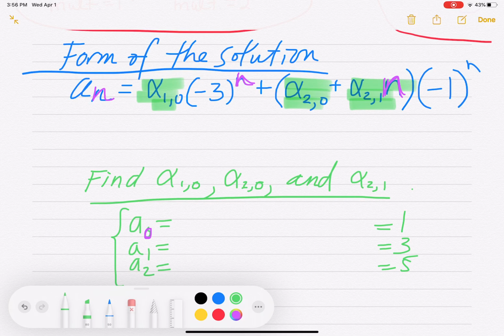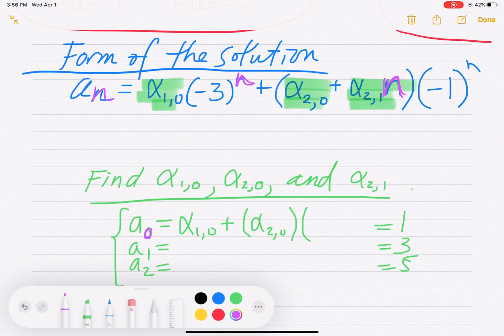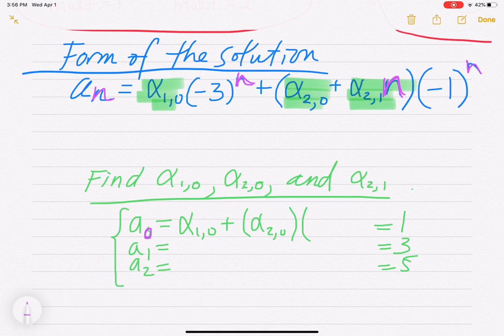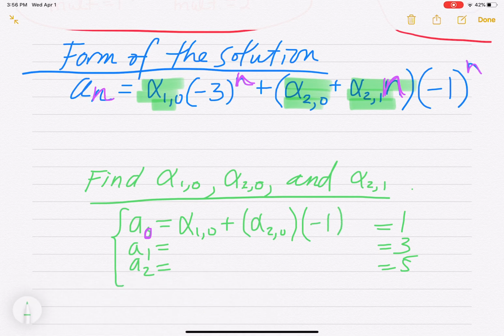Negative 3 to the 0 is going to be 1, so you're going to have alpha 1,0 plus, in parentheses, alpha 2,0. When I plug in n, the alpha 2,1 term is just going to zero out. So I just have alpha 2,0 times negative 1 to the, oh yeah, you have to plug it in here as the exponent as well, above the negative 1, times negative 1. All right, so that's the first equation. We'll worry about simplifying that later.